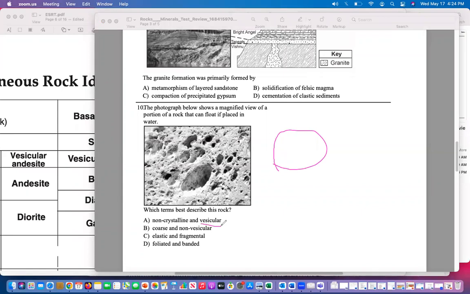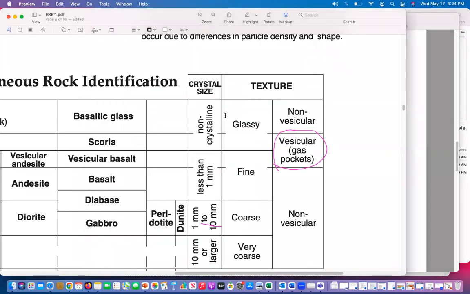Now I'm looking for non-crystalline rock. How do I know that's non-crystalline? If you go where it says vesicular rock, there are some vesicular texture rocks that, if I keep going to the left, also have non-crystalline crystal size, which basically means there are no crystals in this rock.